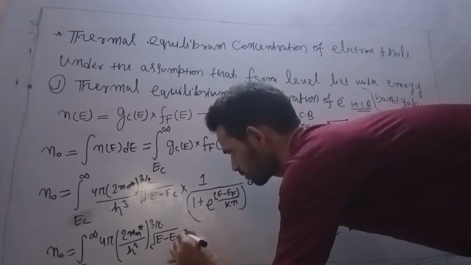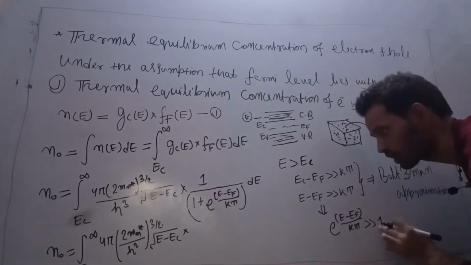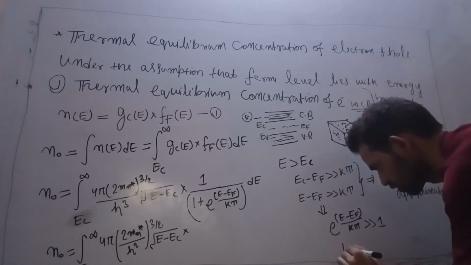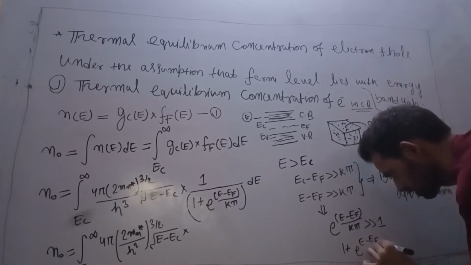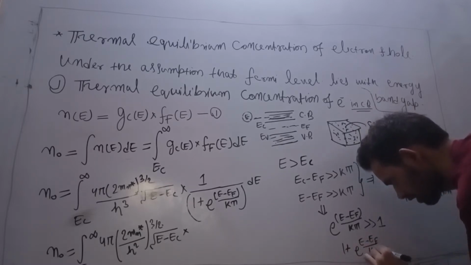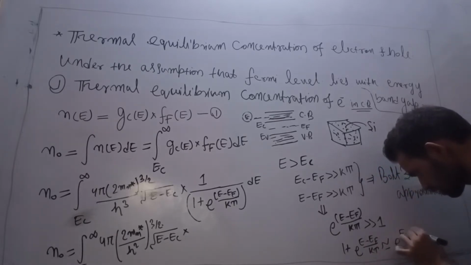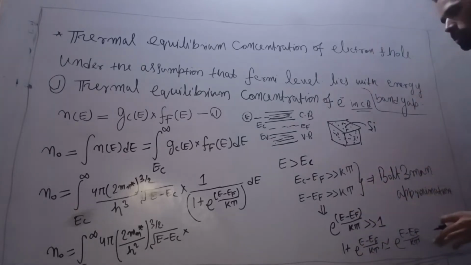Since the exponent is much greater than 1, 1 plus e to the power (E minus EF) by KT is approximately equal to e to the power (E minus EF) by KT, if this condition is valid.